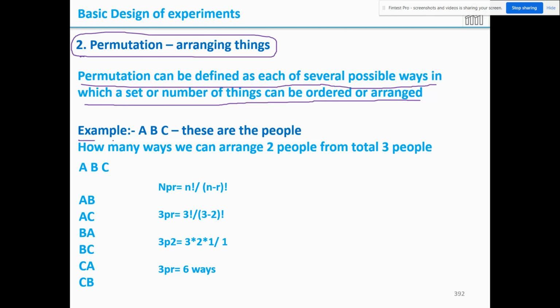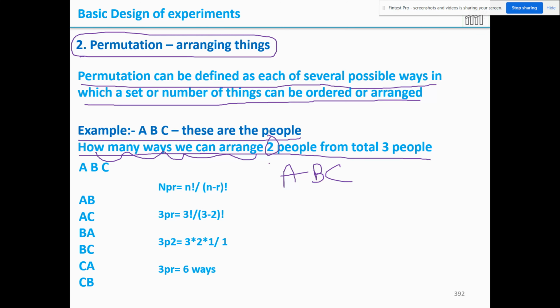Example: A, B, C. Assume these are people. The question here is how many ways we can arrange two people from a total of three people. Now you understand the question. Three people means A, B, C is there, and you need to arrange two people at a time.